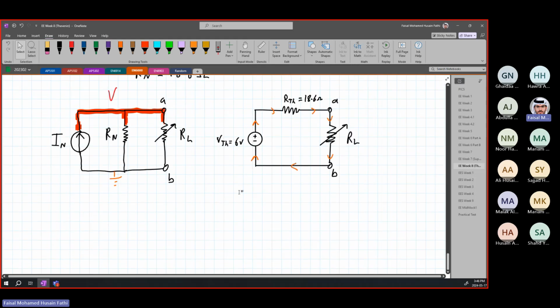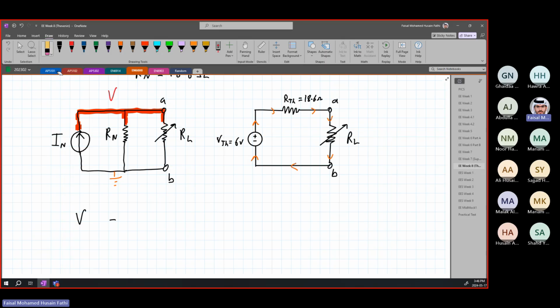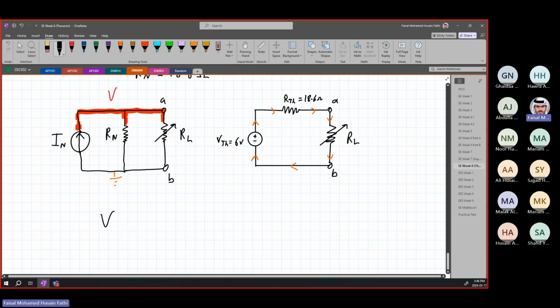Another important thing you need to know is that, remember, V is equal to I times R. In this case, V Thevenin is equal to I Norton times R Thevenin or R Norton. It doesn't matter because they are equal.